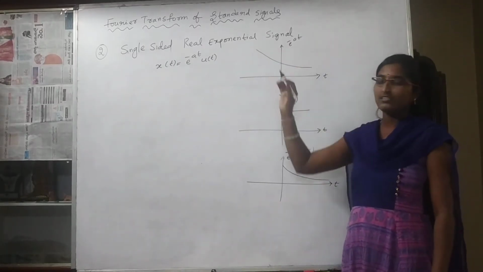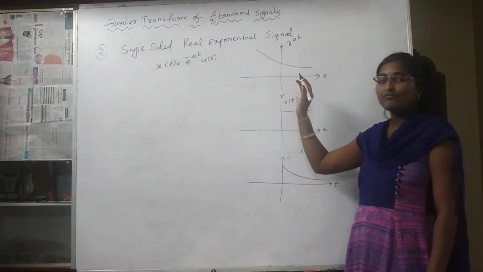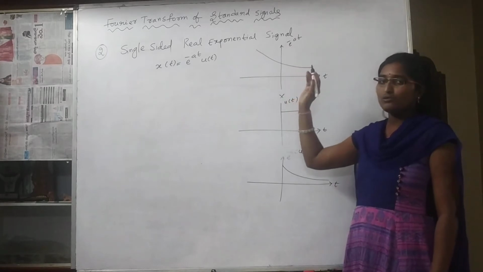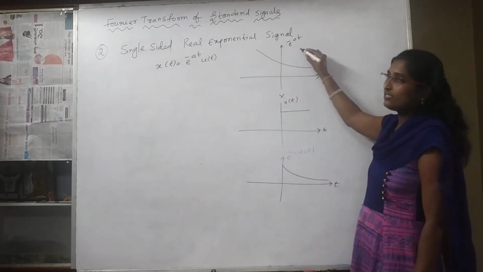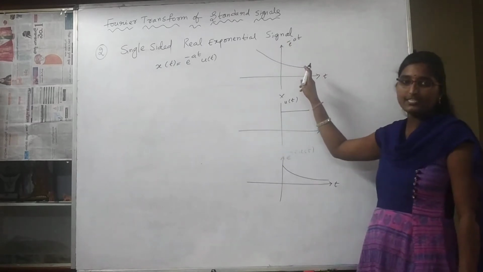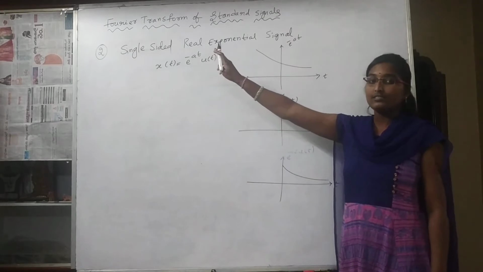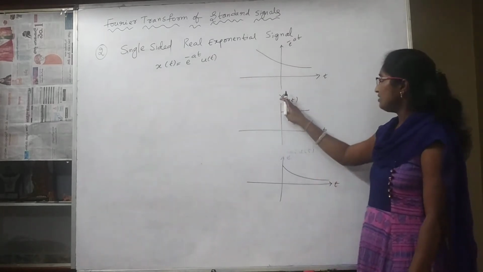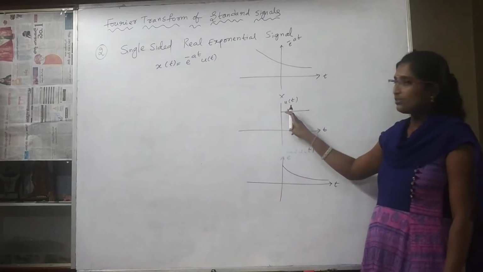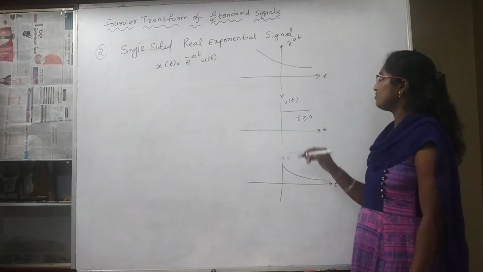And the next signal is the single-sided real exponential signal. Already you have seen the real exponential signal in the standard signals. This you have seen, e power minus at, an exponentially decreasing signal, and now I am asking you to find it for a single side only. That's why I have multiplied with u of t. You know the unit step signal exists only for t greater than or equal to 0.